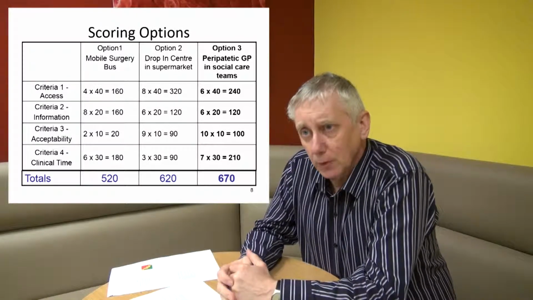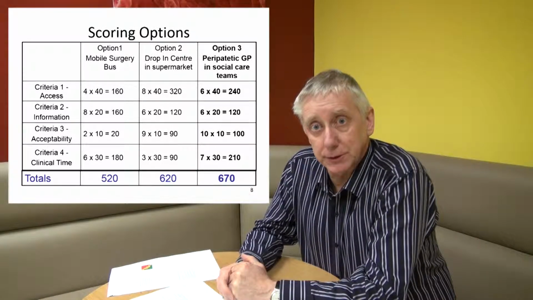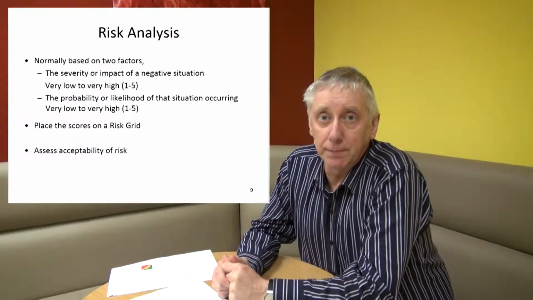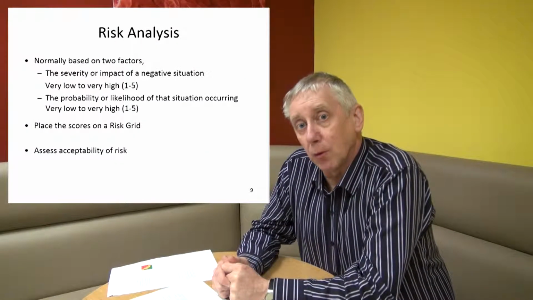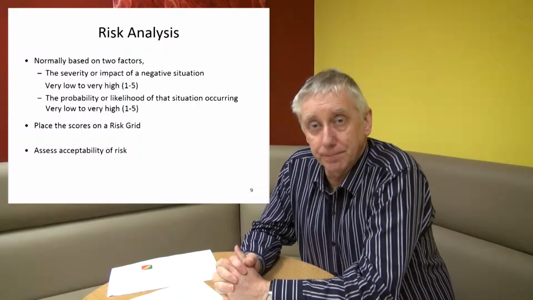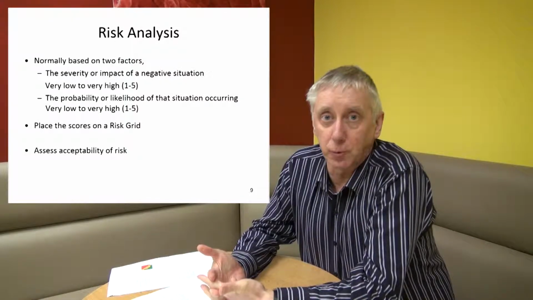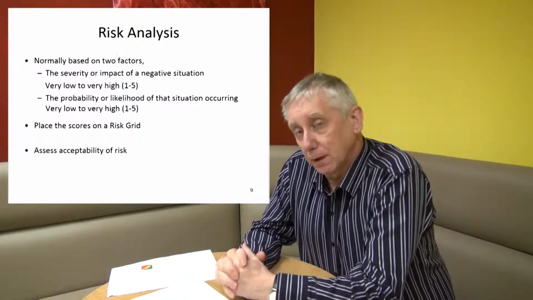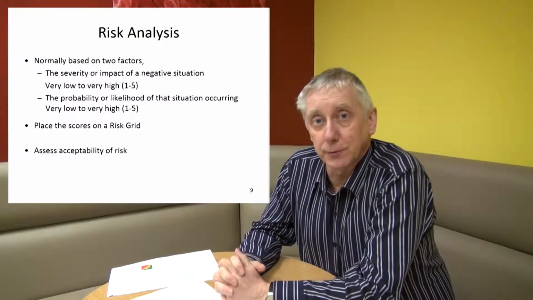Green, that's probably an acceptable risk to take. And what that involves is you identify what harm or negative impact could come from any of the options that you've generated, and you score them on a basis of 1 to 5. 1, really not very harmful, and 5 is terribly harmful.